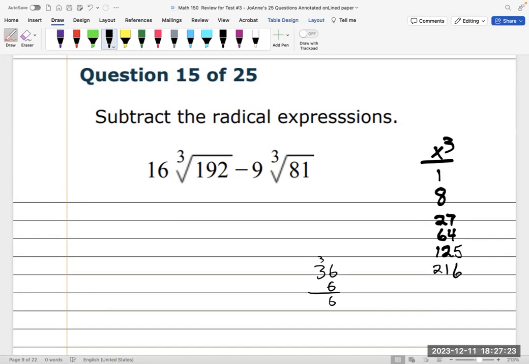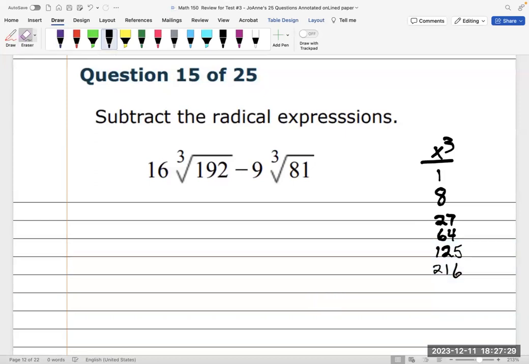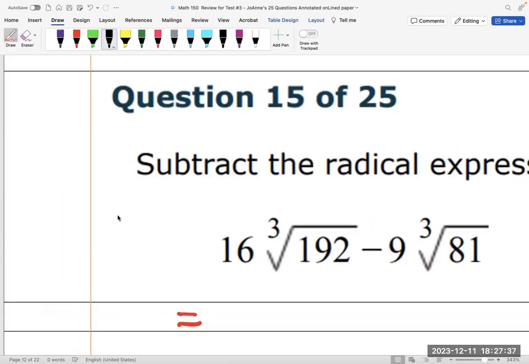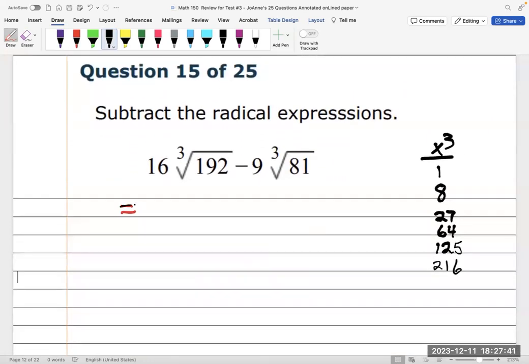And I'm already above the 192, so that's as high as I need to go. So this is the same thing as 16 times the cubed root of 192.